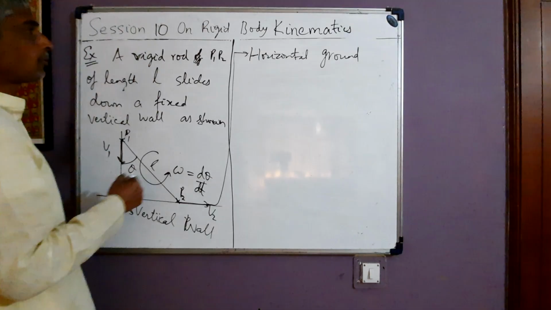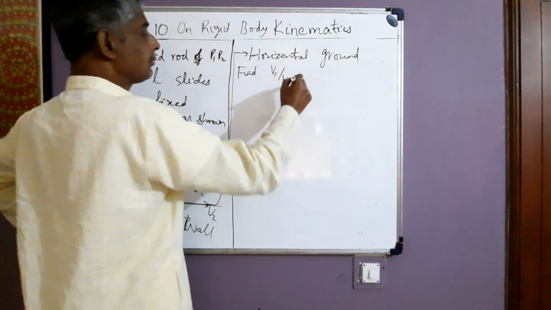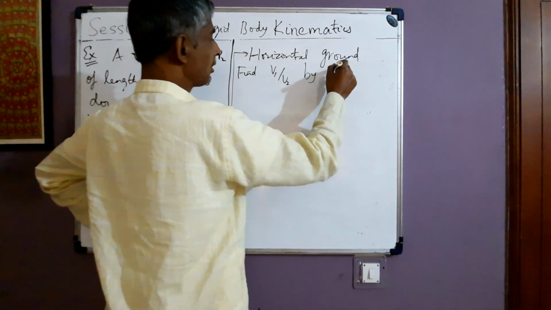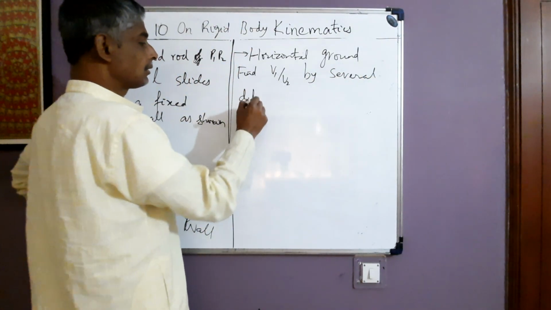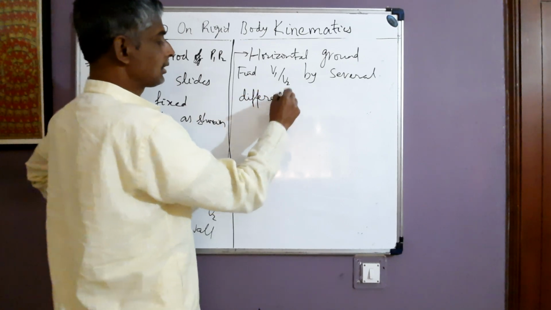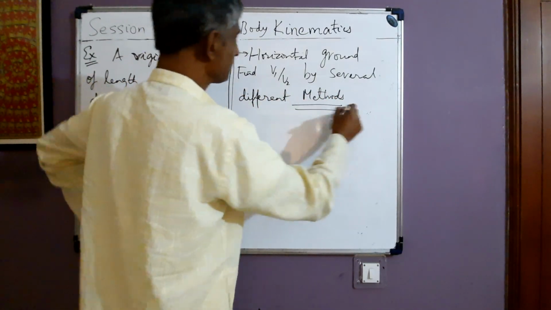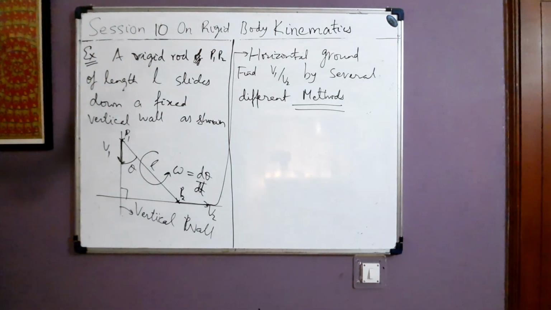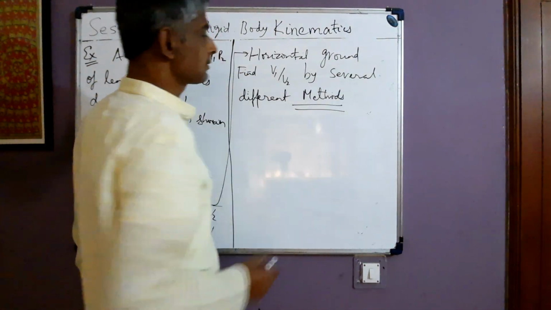Now the question is to find v1 by v2 by several different methods.